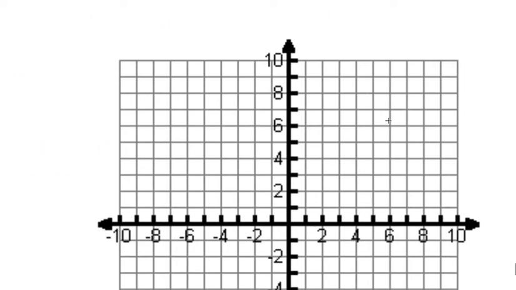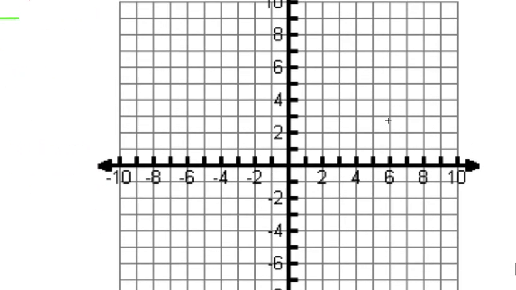However, if I'm looking at a graph, it can be a little bit more challenging. Let's say, for example, I was looking at a graph that looked like this, and I asked you f of 2.